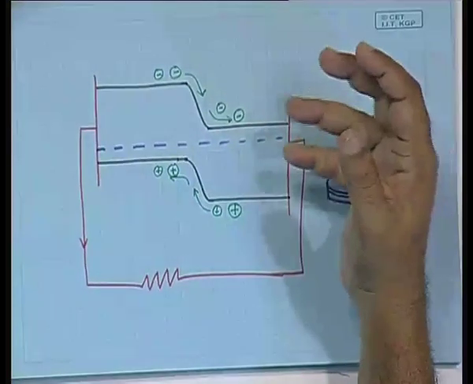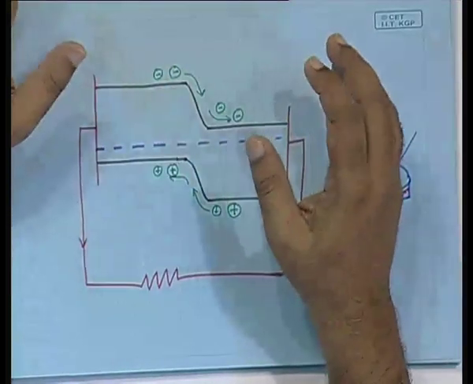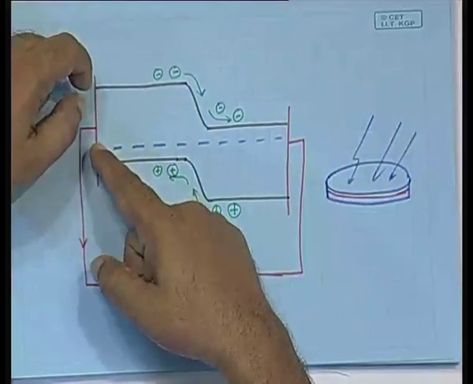In addition to that, you also have to consider the phenomenon of recombination. That means, the electron hole pairs get separated all right, but before they are ultimately separated and flow to the external load, they recombine inside.